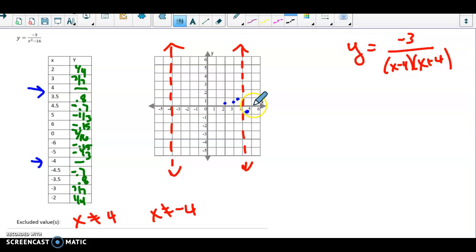At 5, I got -1/3. At 6, I got -0.15. So that same kind of thing's happening over here. I'm getting close to 0, close to my asymptote. And if you do the other side, you'll see the same thing happen, with -5 and -6.